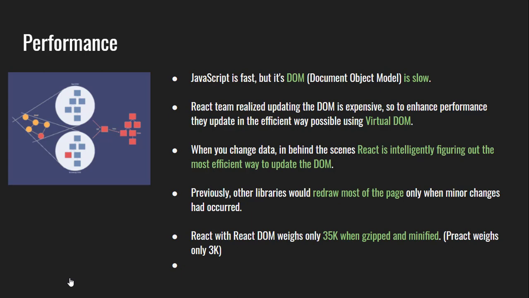Because previously, like it says, the other pages would redraw the whole page when a minor change occurred, but with React, you only update the node where the minor change has occurred. If that makes any sense. If way down in the tree, maybe some little tiny label has been updated, then we're just going to update that little node, and that's all.